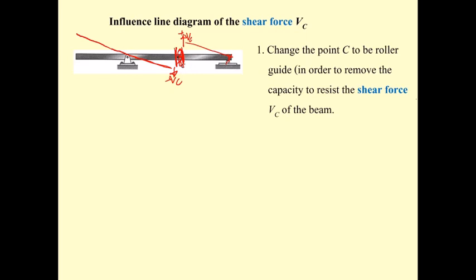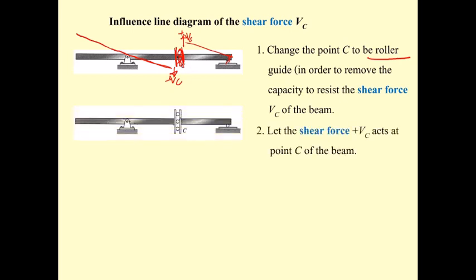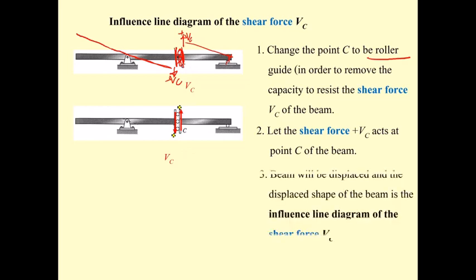Change point C to be the roller guides. That means eliminate the resistance of shear force, and then put the positive shear force into the roller, and the shape of the beam changes.